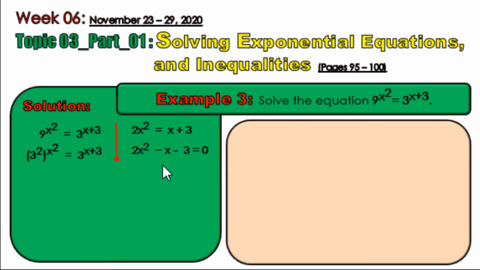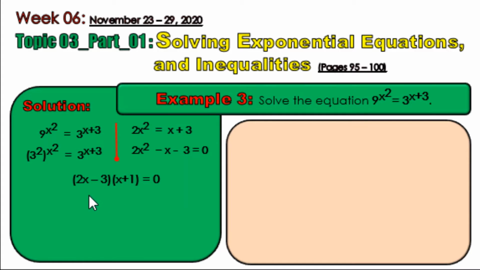Okay, so for this particular example, we will be using factoring. So we will factor this quadratic trinomial, and the factors are 2x minus 3 and x plus 1. So if you have time, again, another concept that you need to master is factoring. Okay, so in your spare time, you can review the topic factoring.